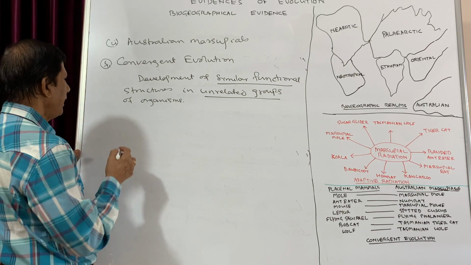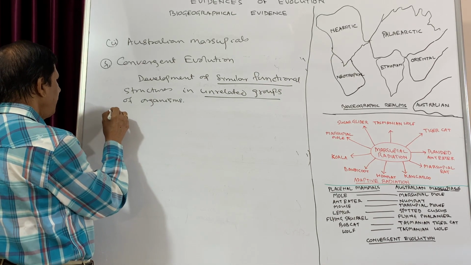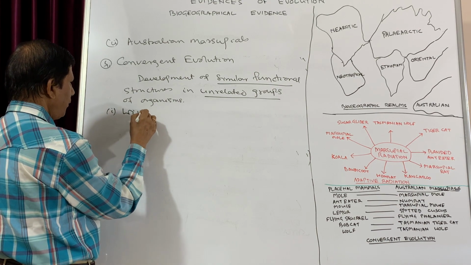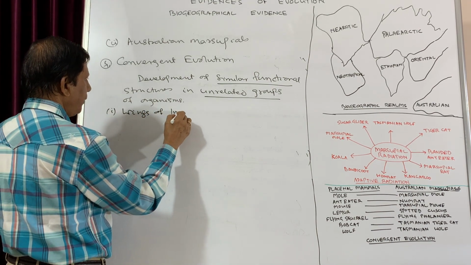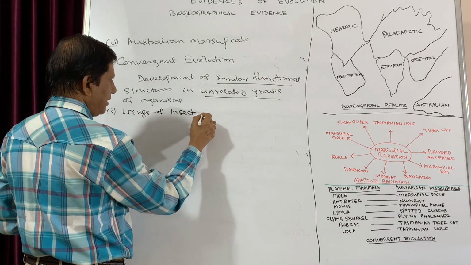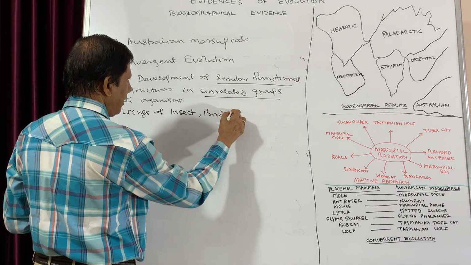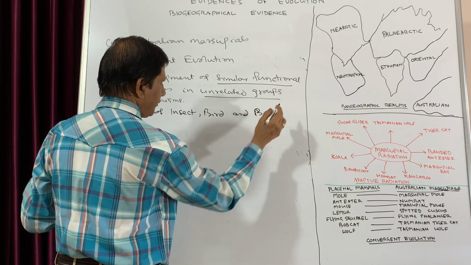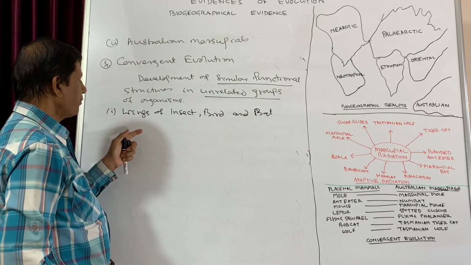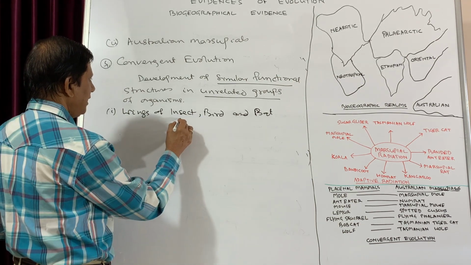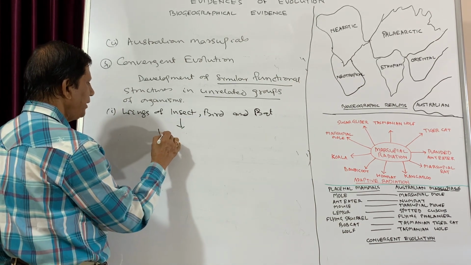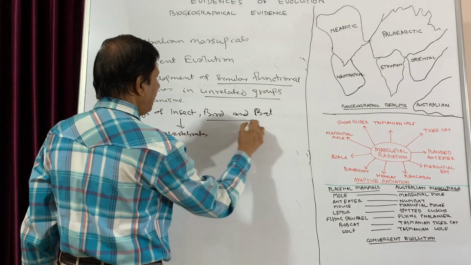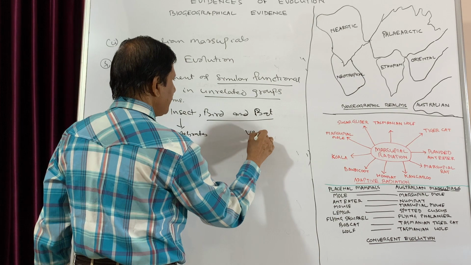Now here we can give examples. Example number 1 is the wings of insect, bird and bat. Now see, the insects are invertebrates, while the bird and bat are vertebrates.